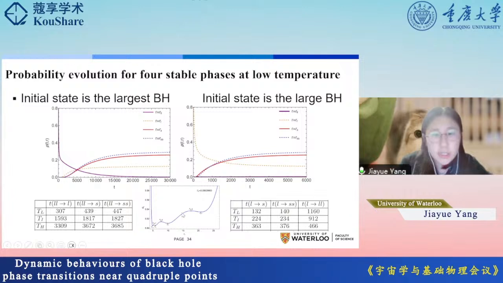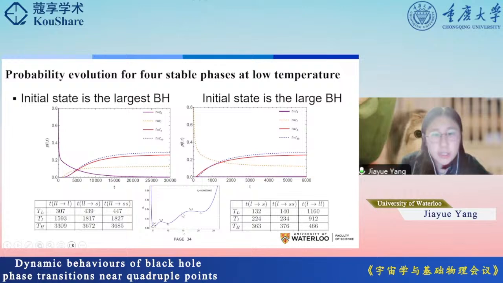The most stable black hole is the one with the lowest Gibbs free energy. The smallest black hole has the lowest Gibbs free energy. That's why the probability of the smallest black hole is the highest.